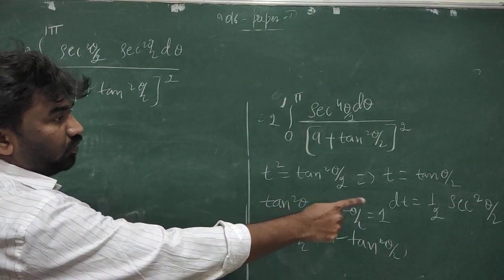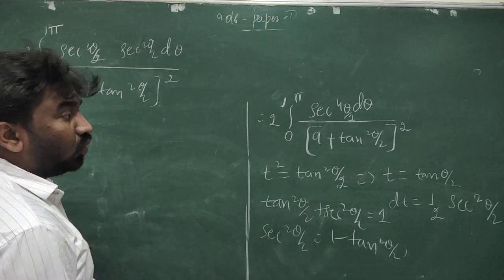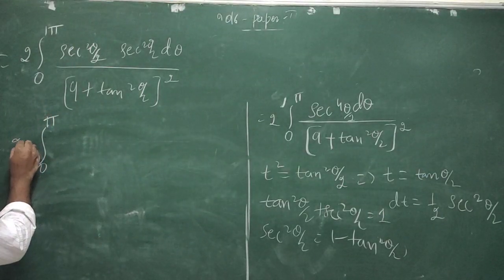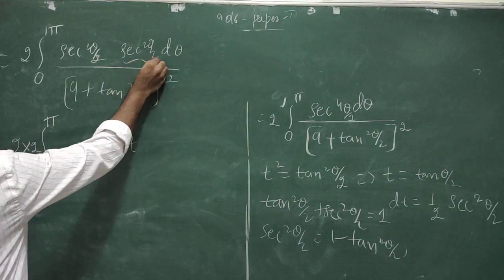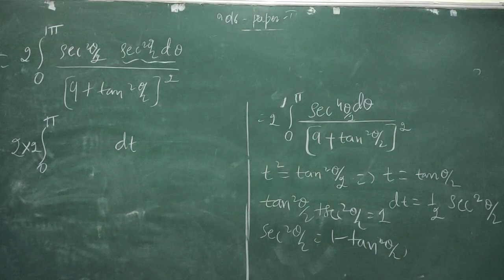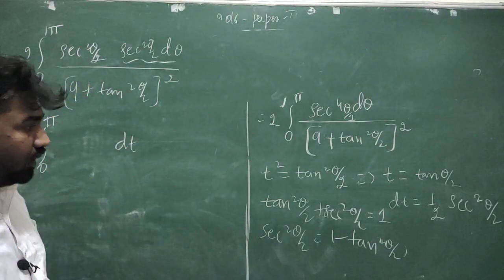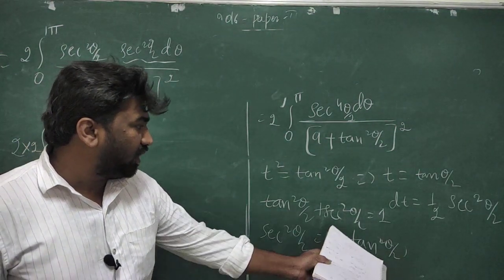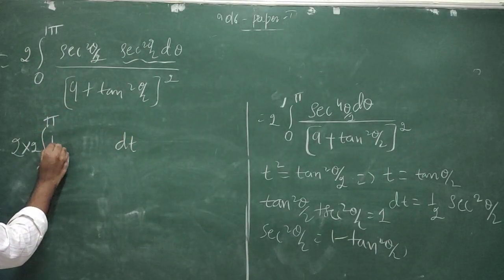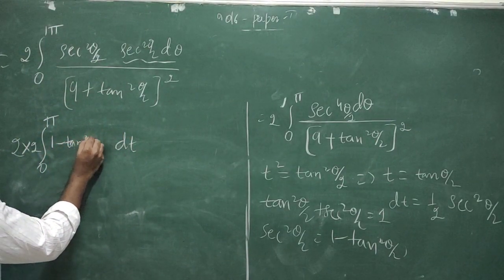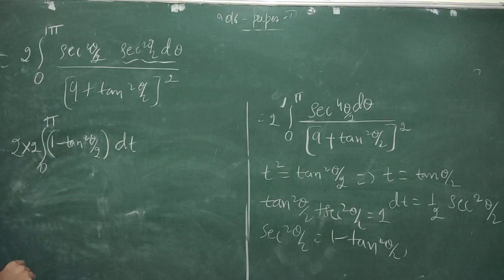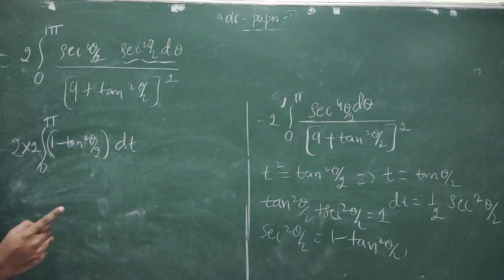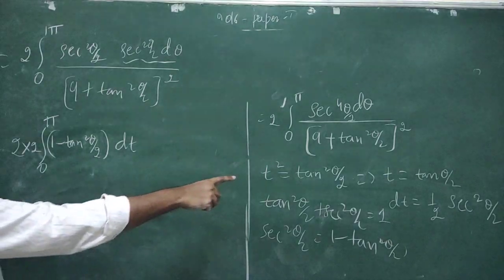Secant square theta by 2 into d theta is 2 into dt. So that 2 I am going to write here, and therefore this is dt. This part is 2 dt, and secant square theta by 2 is 1 plus tan square theta by 2, and tan square theta by 2 is t square.